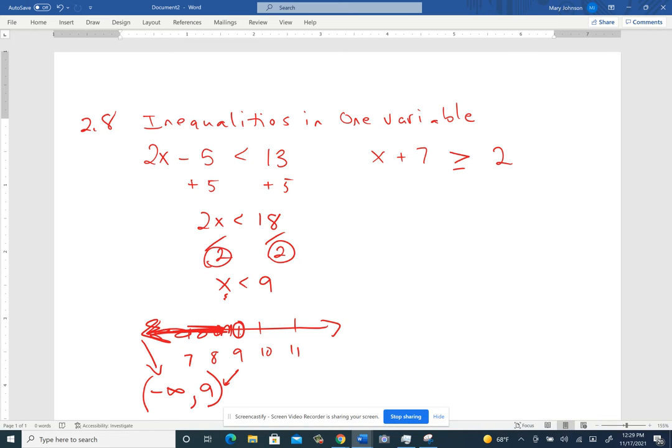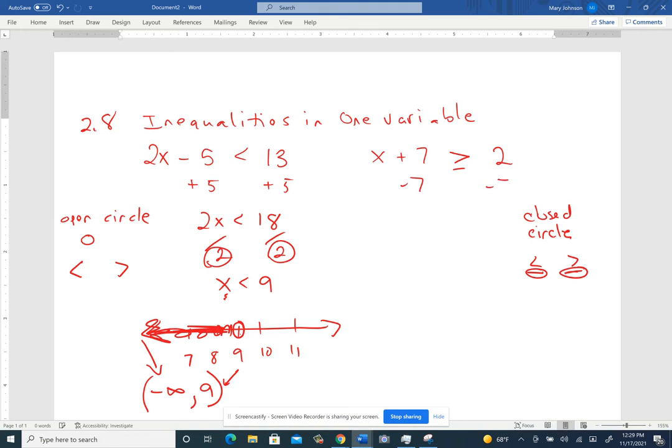And so you used an open circle when you had just a less than or a greater than. You used a closed, filled in circle if you had the or equal to underneath it, because that meant you were allowed to be equal.